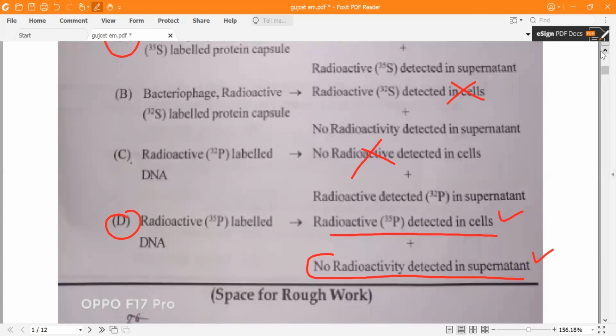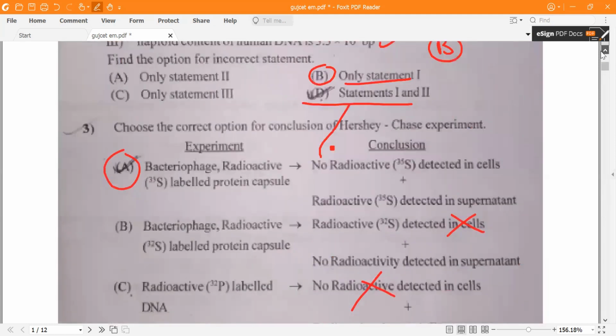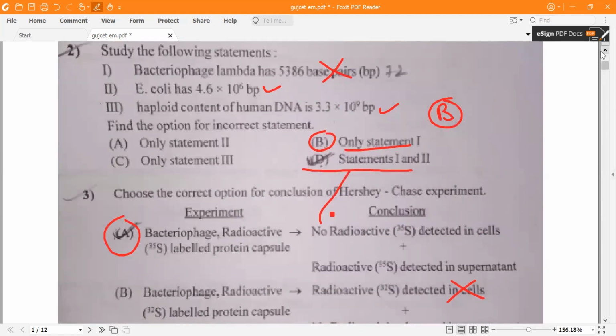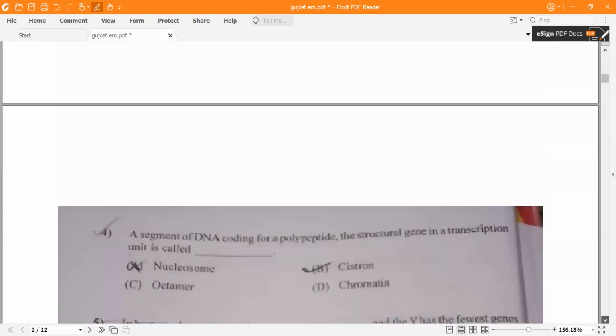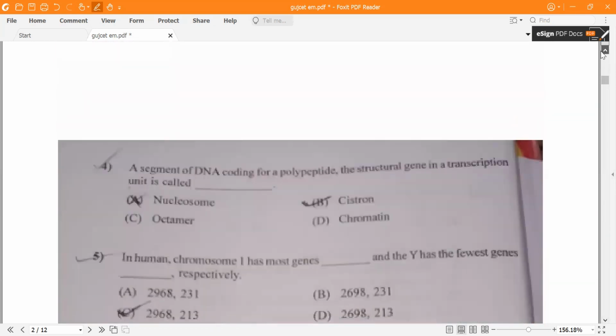Here radioactive sulfur is detected in the supernatant. Okay, it is true. No radioactive sulfur detected in the cells. It is also true. So what will be the answer in that case?